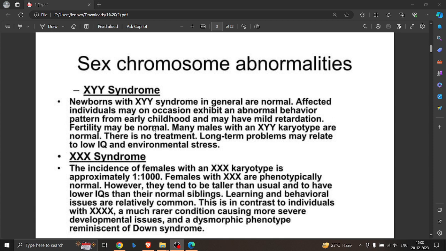Fertility may be normal. Many males with an XYY karyotype are normal.